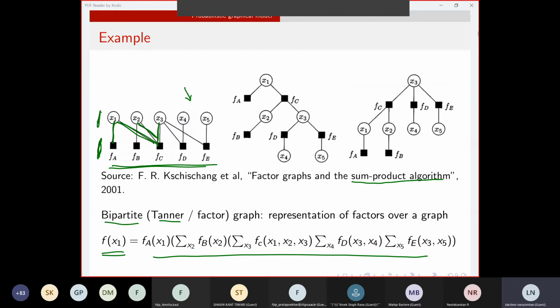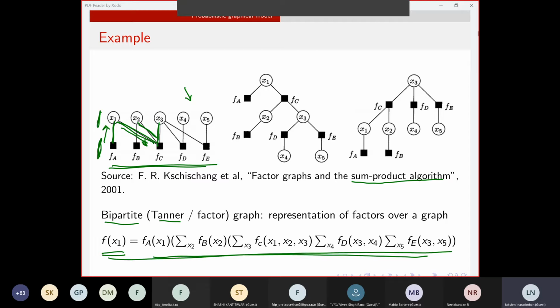Some messages are computed in a factor node, and then you pass them on to the variable node. This variable node, using that message, will compute something and then pass it on to its factor nodes, and so on. When all the messages are computed and passed on, eventually at the end of it, we'll identify this total marginalization.